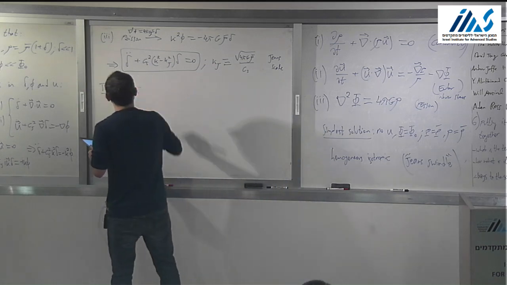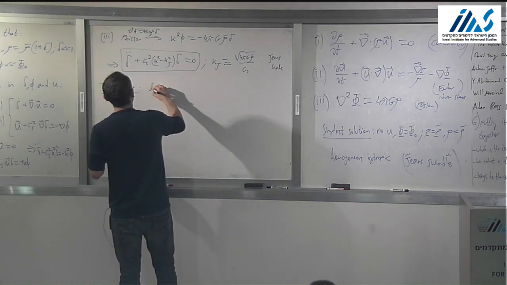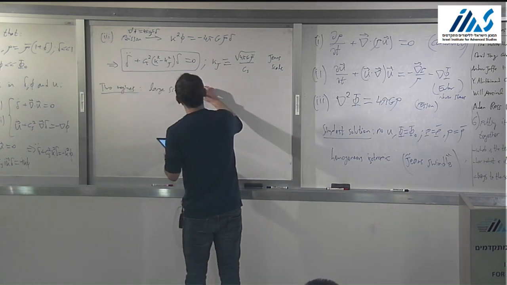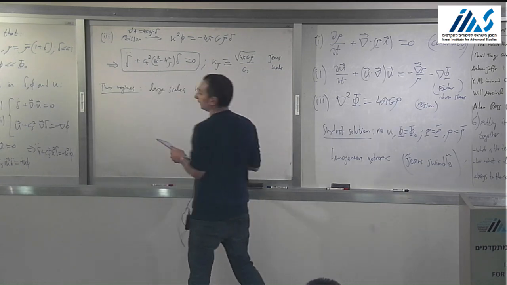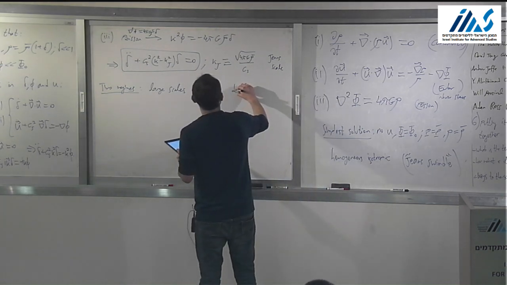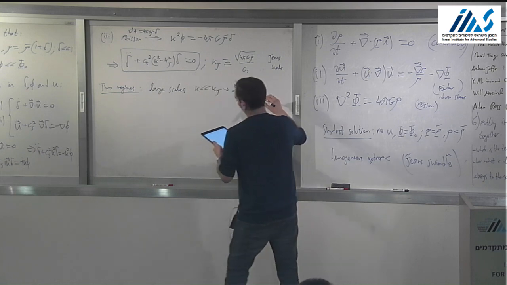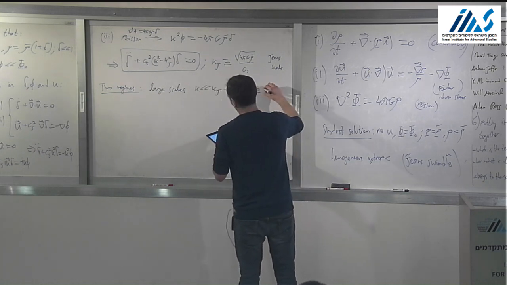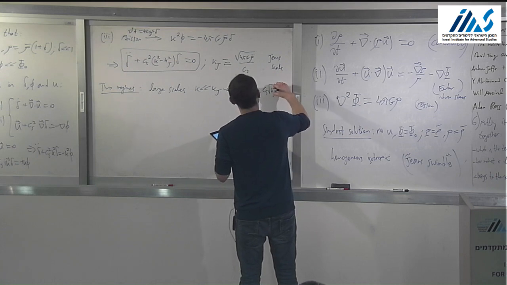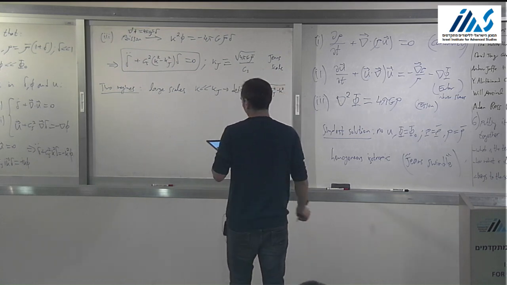Okay, so two regimes. Large scales. On large scales, for which k is smaller than the Jeans scale, we define tau to be equal to c_s times the square root of k_J squared minus k squared.